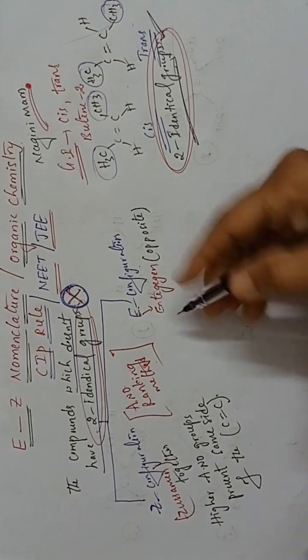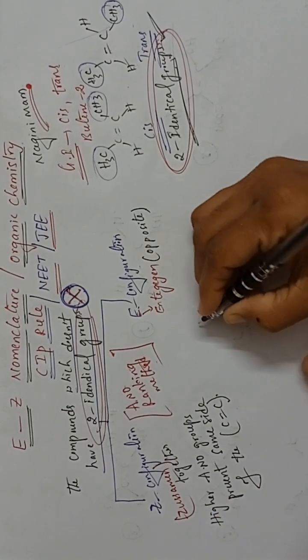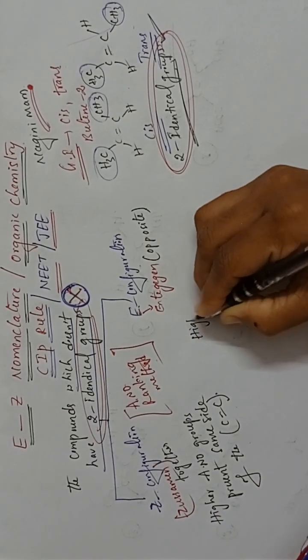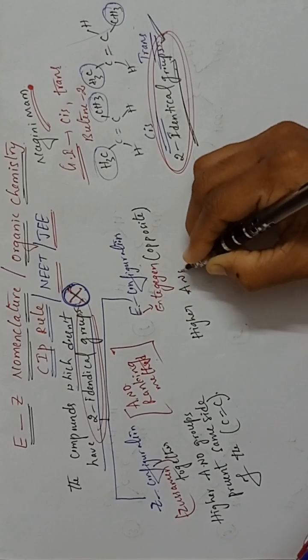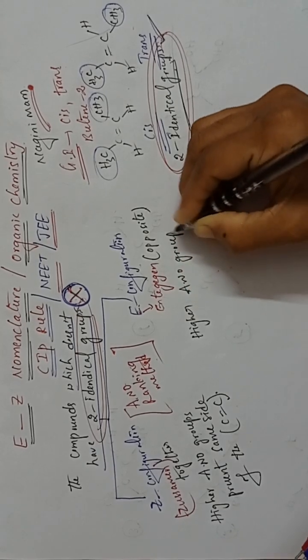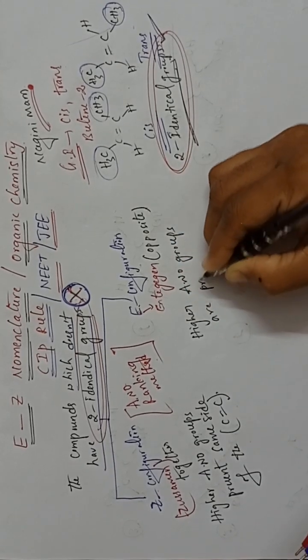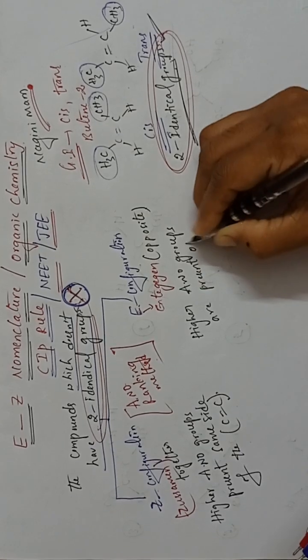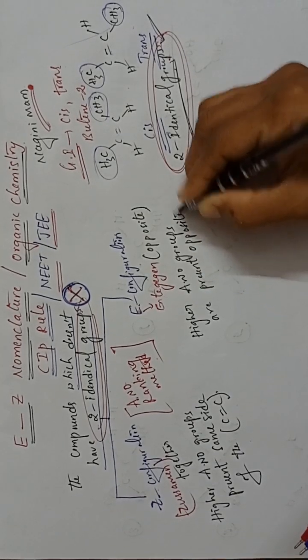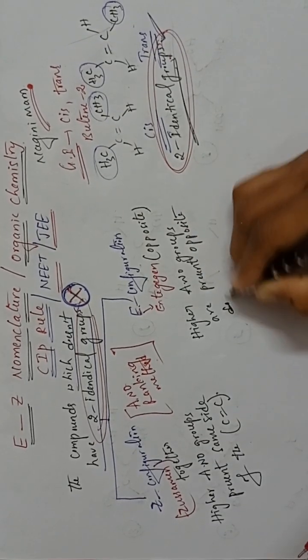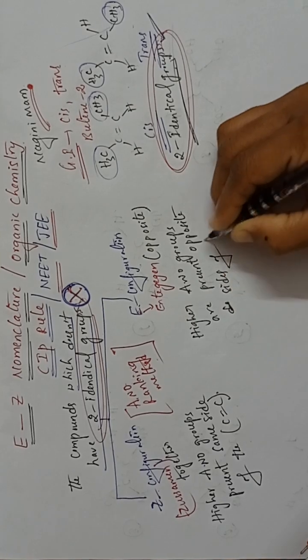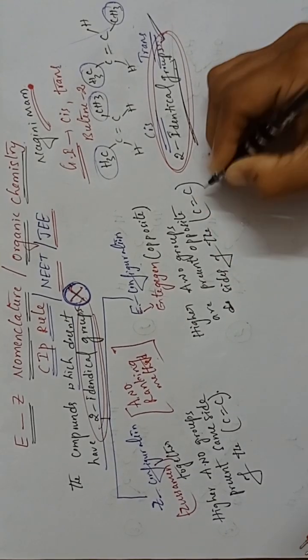If the higher atomic number groups are present on opposite sides of the doubly bonded carbon atoms, clear?